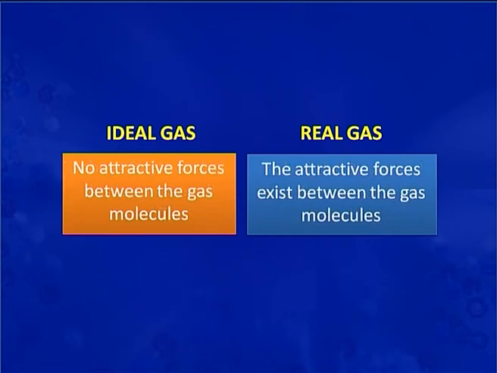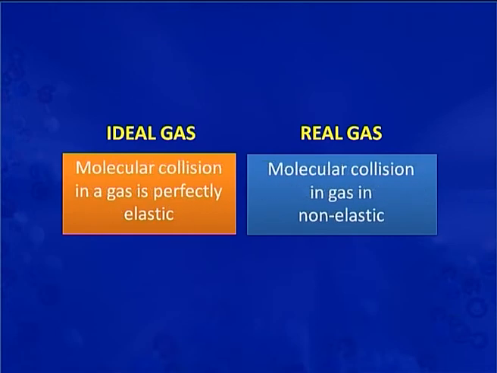In ideal gas, there are no attractive forces between the gas molecules, while in real gases, attractive forces exist between the gas molecules. The molecular collision in ideal gas is perfectly elastic, while in real gases, the molecular collision is non-elastic. There is some change of energy.